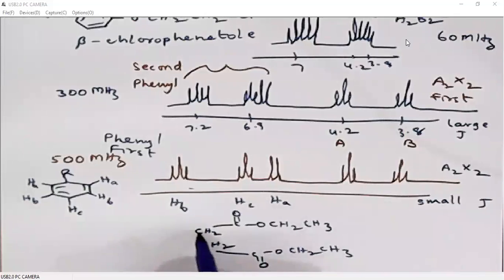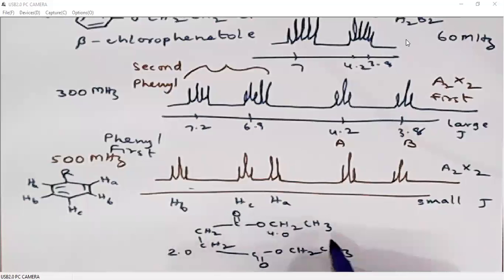These two carbons are next to carbonyl, so their chemical shift values will be around 2. Now this methylene group is on an oxygen, so its chemical shift value will be around 4. This methyl group is just an sp3 hybridized carbon, so its chemical shift may range from 1 to 2.